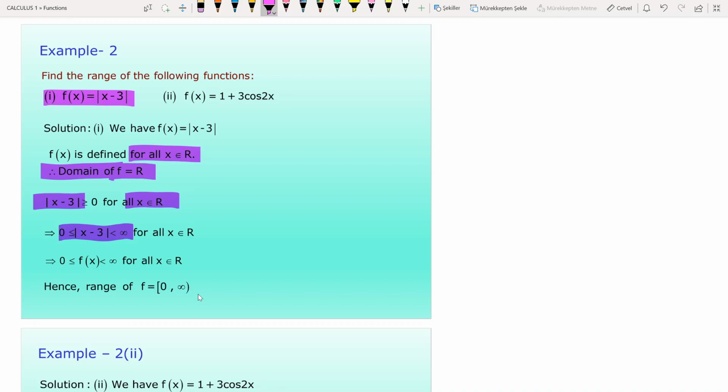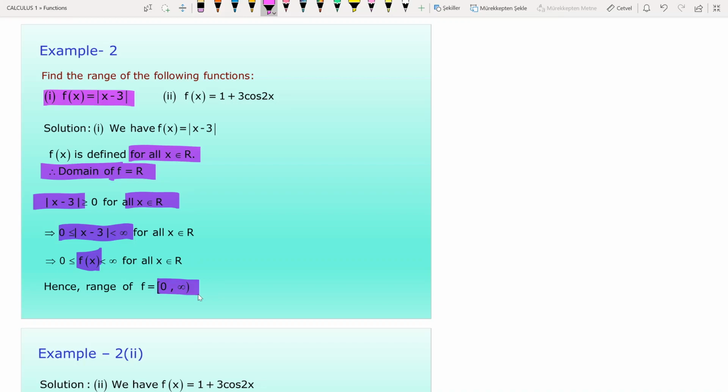This implies that your function f of x is equal to or greater than 0, and it is bounded. It cannot be infinity. So the range is the closed interval 0 to infinity.